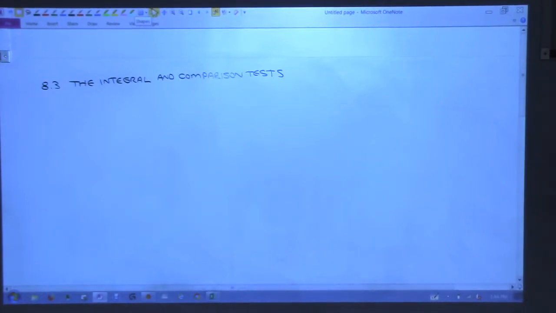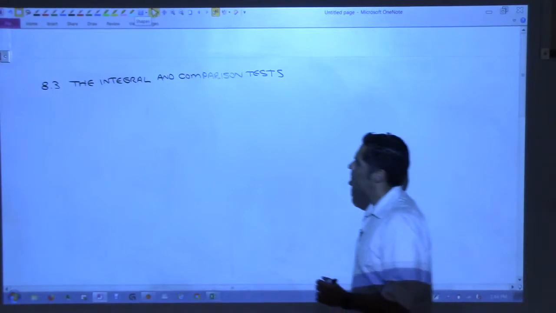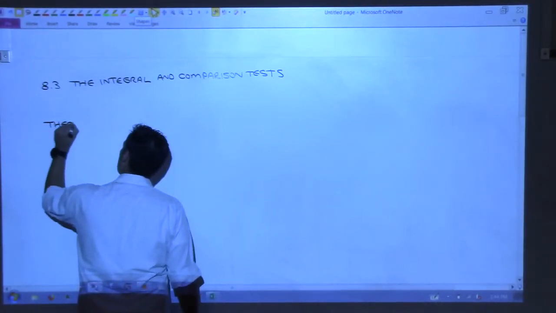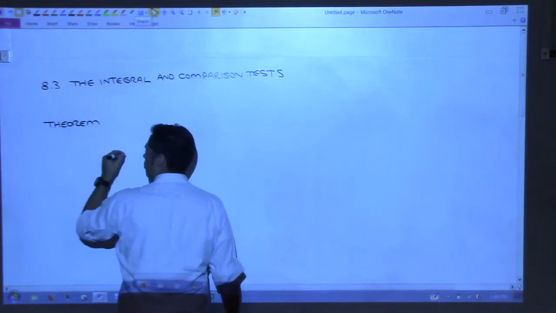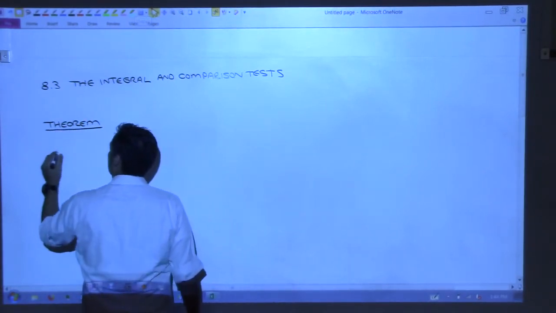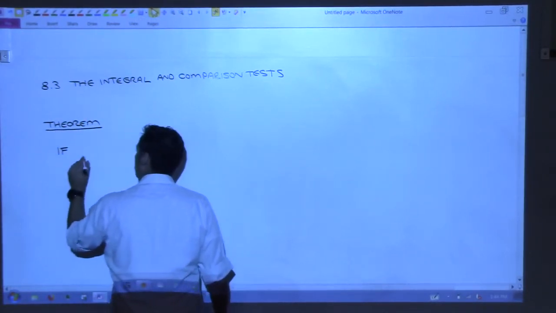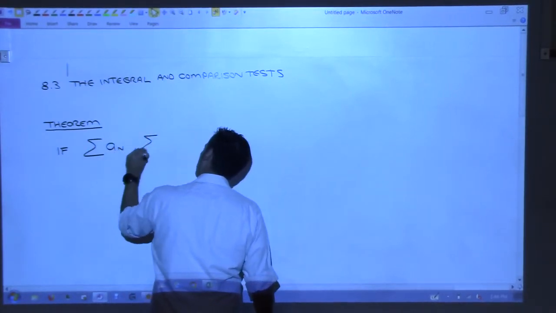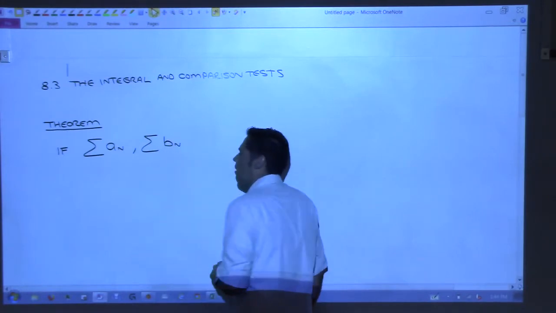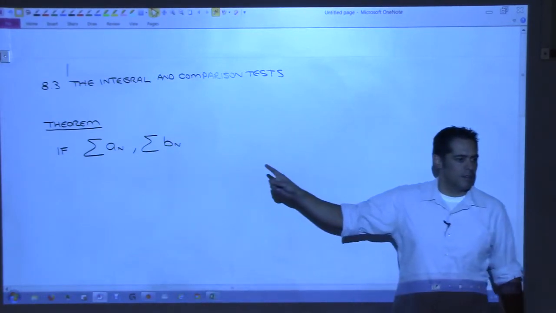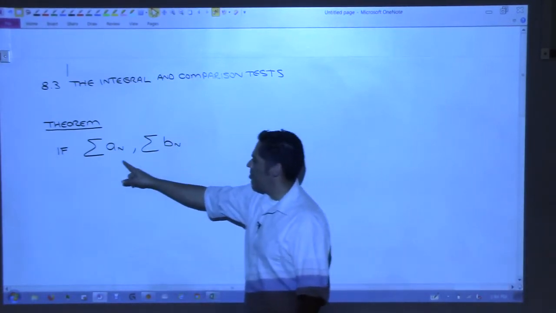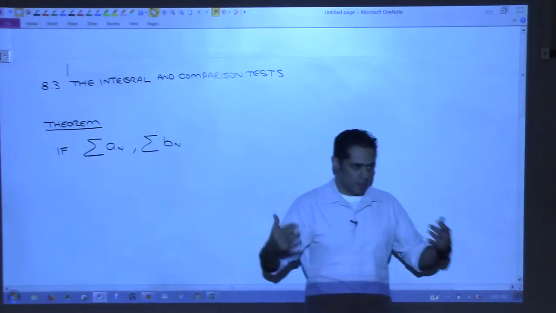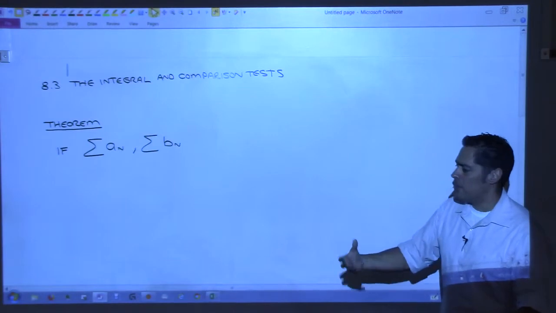So we want to start off first with a theorem for this one. So a theorem is a mathematical statement that's true, all right? And it's been proven. If you have two series, now remember this means n equals 1 to infinity, but I'm not writing it, so it's understood. So let's say we have two infinite series.